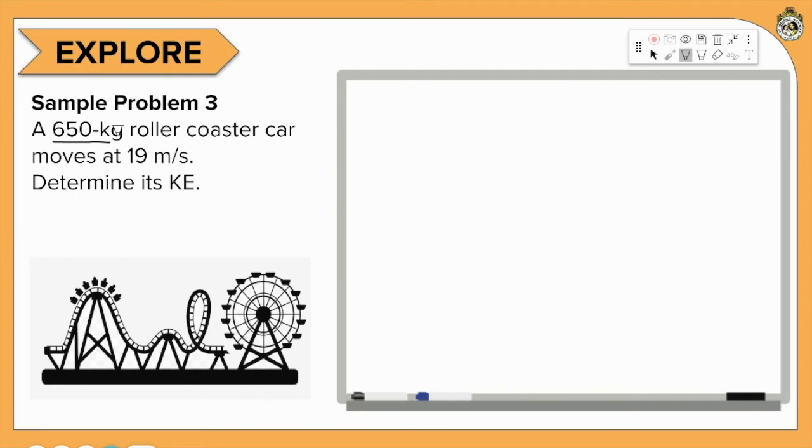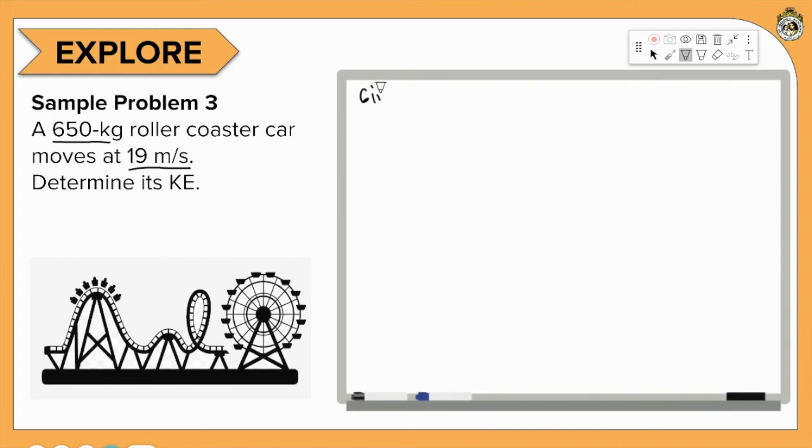By looking at the unit, we know that it's the mass of the roller coaster car. If you look at the illustration, this is the entire car. And then it moves at 19 meters per second. Looking at the unit, this gives us an idea that this value is the velocity. And then we're supposed to look for the kinetic energy.